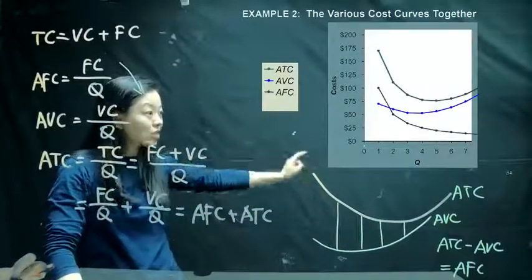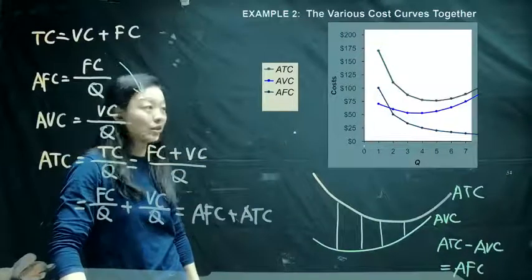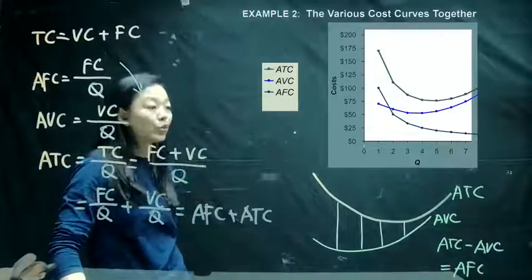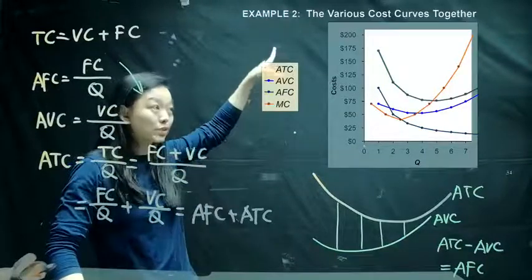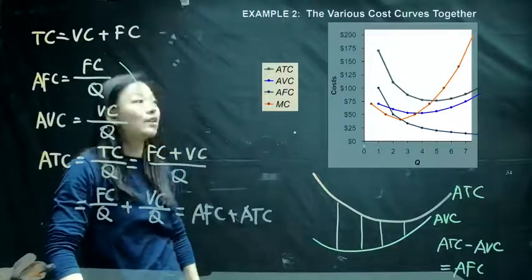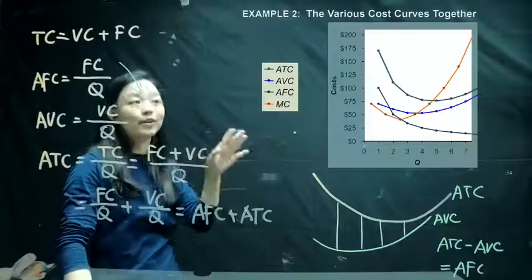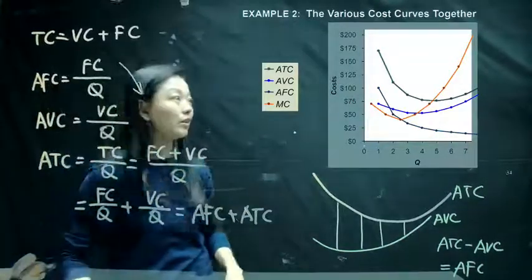Then this is the average fixed cost curve, always declining. And finally, we have our marginal cost curve, which will eventually also increase. So this graph is very important for this chapter.